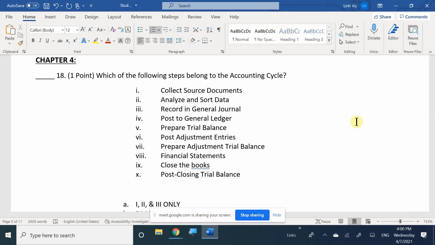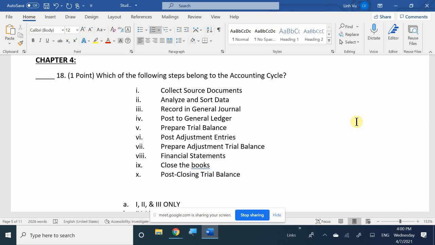If we complete the adjusted trial balance, we can validate that the debits and credits we created in the adjustment entries were done correctly, by ensuring that our accounts balance on both the debit and credit side.